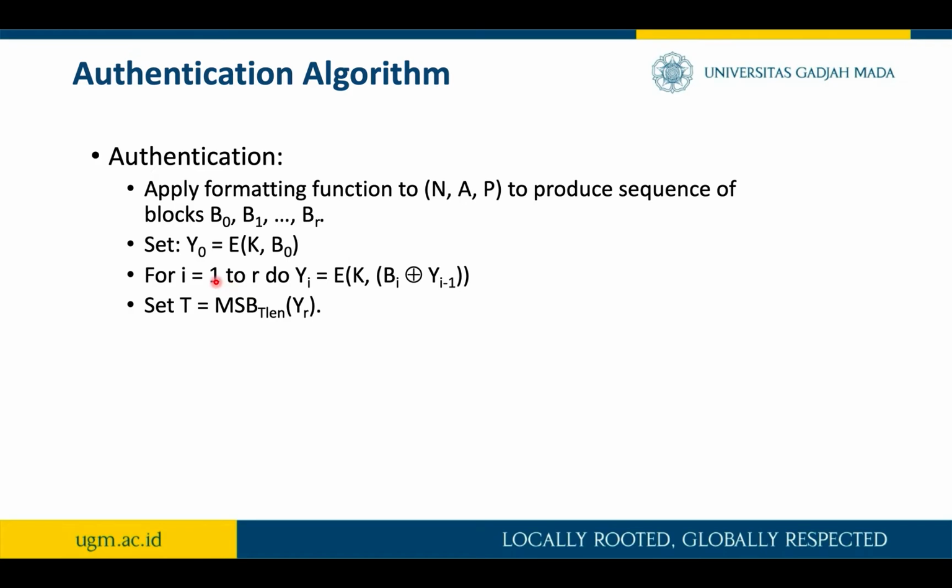Then we do iterations from i equals 1 to R. Pi is XORed with Yi minus 1, the message authentication code of the previous block, and then encrypted using the key. After that, we need to take Tlen, the most significant bits of YR, the last message authentication code, the final message authentication code.